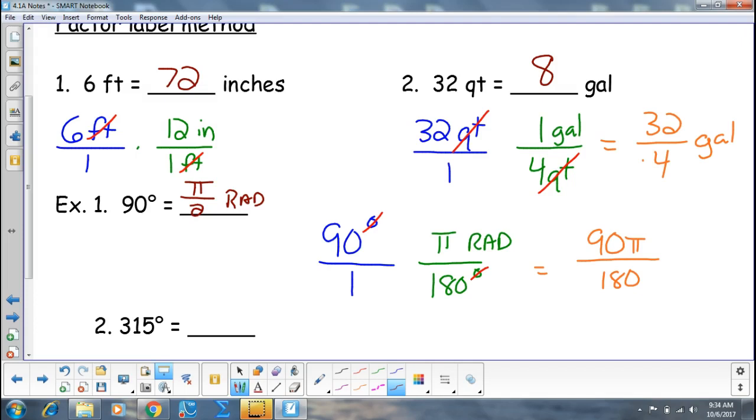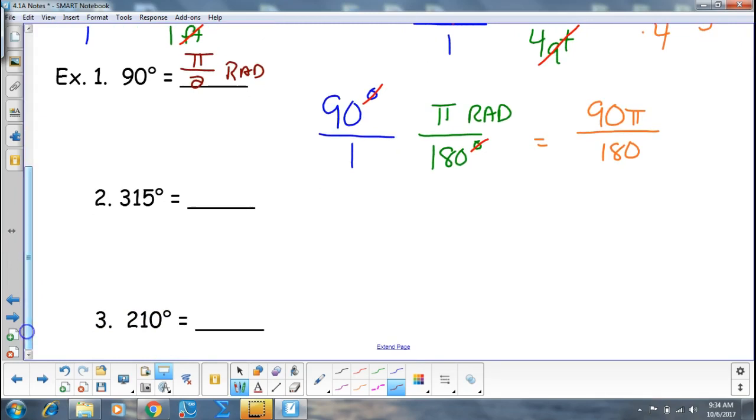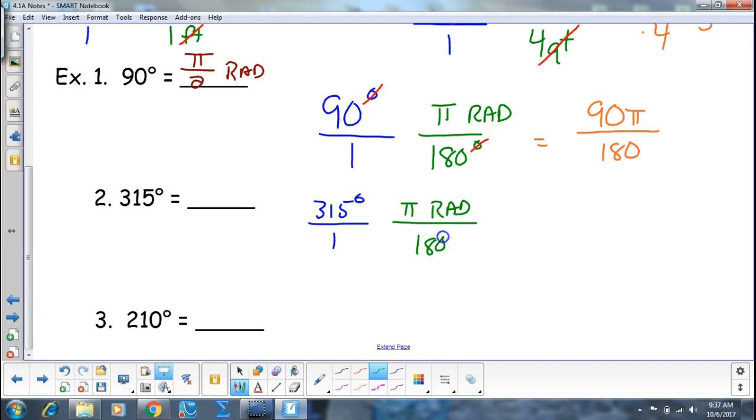So, what I would like you to do now is convert those two. Please convert 315 degrees into radians and 210 degrees into radians. So, 315 degrees, multiply that by pi radians over 180 degrees. So that's going to be 315 pi over 180.